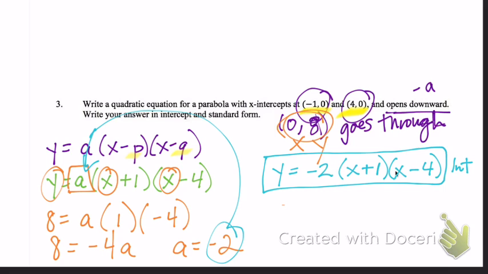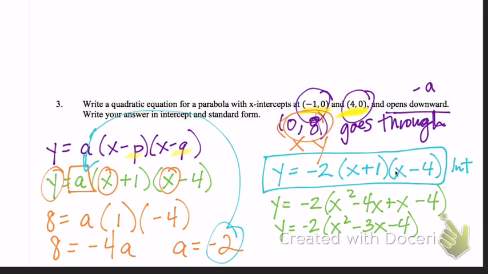It also wants me to write it in standard form, so how would I get standard form from that? Just going to FOIL it out. So y equals -2. When I FOIL, I get x squared minus 4x plus x minus 4. Then I'm going to distribute the -2.